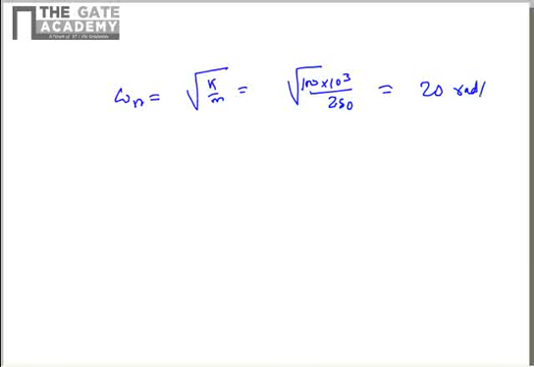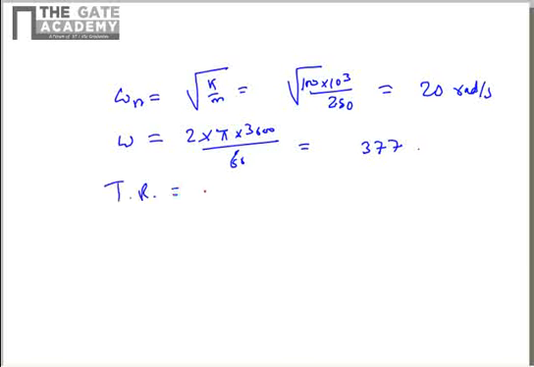If you get this expression, it's around 20 radian per second, and the angular velocity is 3600 RPM. So 2 into pi into 3600 by 60, this will come nearly 377, and the undamped transmissibility ratio is omega n square by omega square minus omega n square.